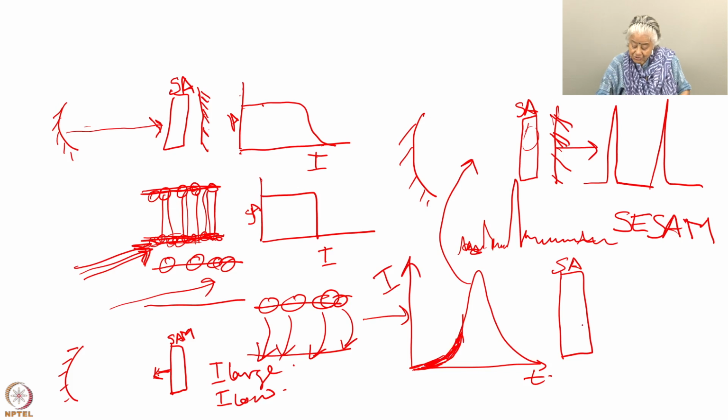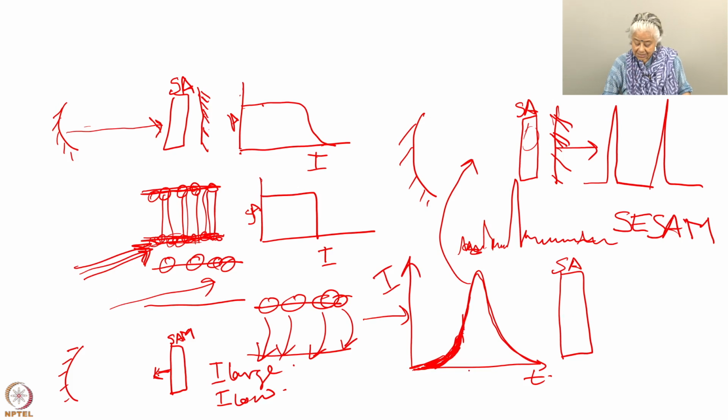At that time it bleaches the saturable absorber. At low intensity, in the same pulse this lower part bleaches it. Once it bleaches it, this part of the pulse just passes through. The saturable absorber is transparent to it. So that's what this initial part of the pulse does.